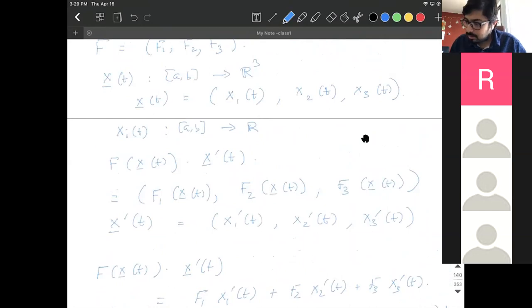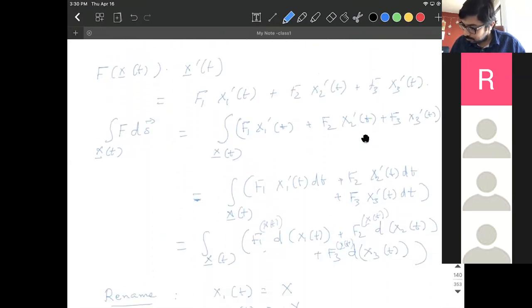Okay, so in our case, this is the path t, t squared, t cube. So t is our x1t, t square is x2t, and this is my x3t.